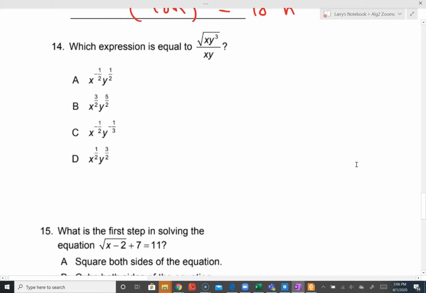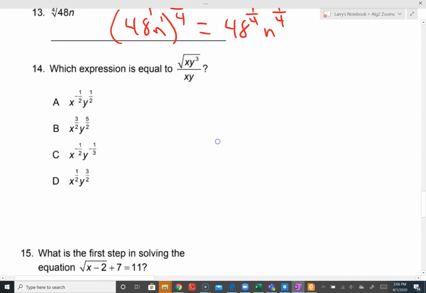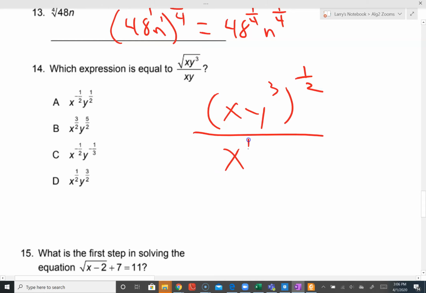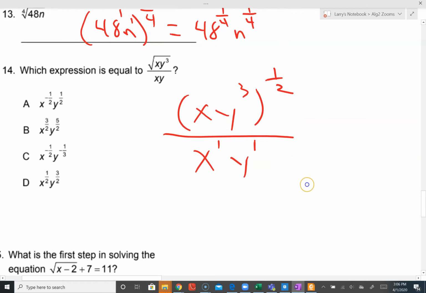14. Which expression is equivalent to? Well, let's first go by changing my square root into a 1/2 power. So the numerator becomes x y to the third to the 1/2. The denominator is xy. I'm going to write it as 1 first power.